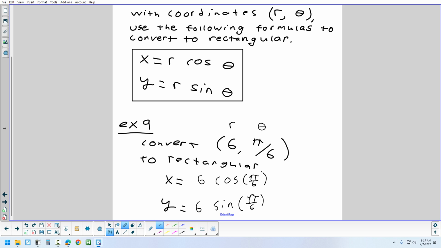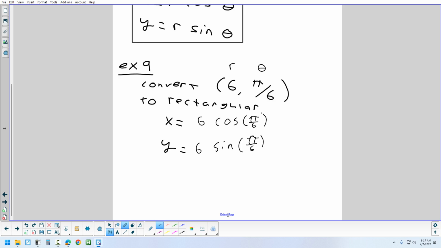Now, pi over 6, I think we dealt with that angle earlier. That's a 30. When you're dealing with angles that are multiples of 30 or 45, there are two special numbers that will come up. If you see the number 0.707 come up, we need to know that that is square root 2 over 2.